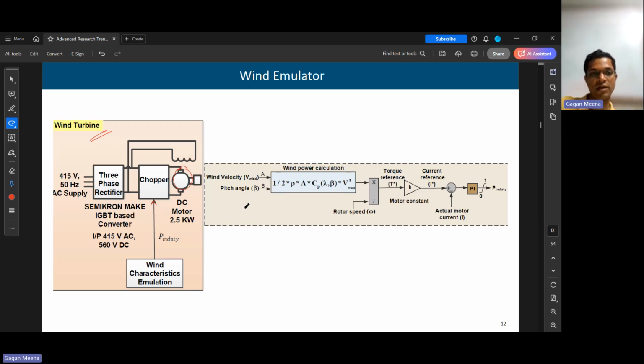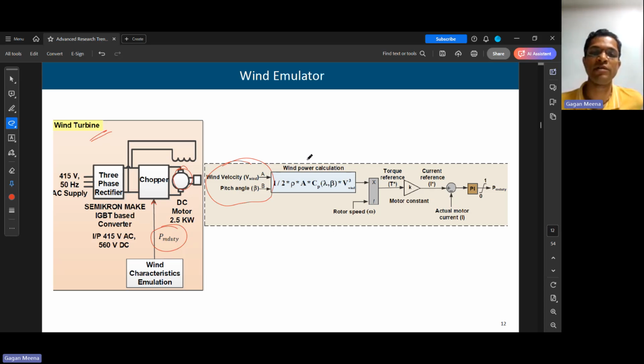Here, what we have is how the duty cycle is generated for different wind characteristics. We give the input as wind velocity and pitch angle, and we have the formula half rho A V cubed multiplied by the CP, the power coefficient, which depends upon lambda and beta, the tip speed ratio and the pitch angle.